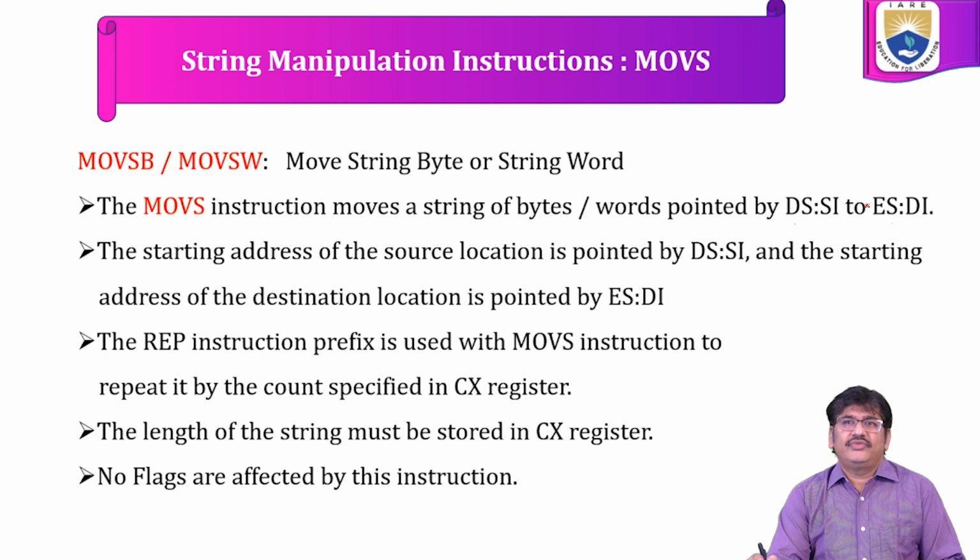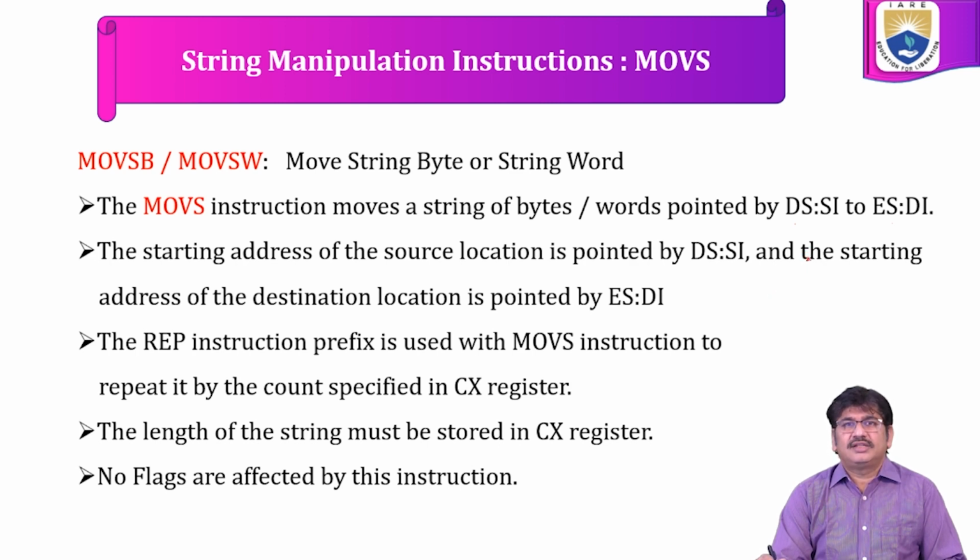The starting address of the source location is pointed to by DS:SI and the starting address of the destination location is pointed to by ES:DI. The same thing applies when we are loading with the end address.